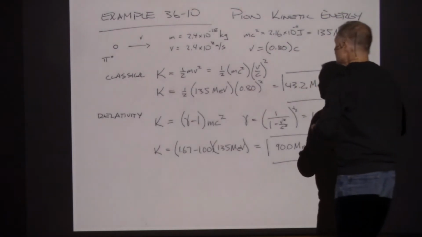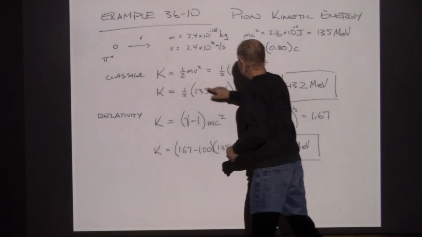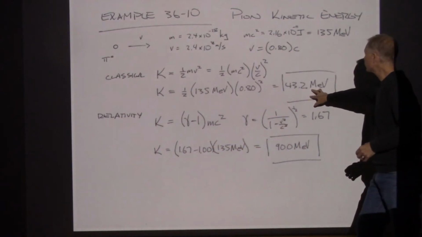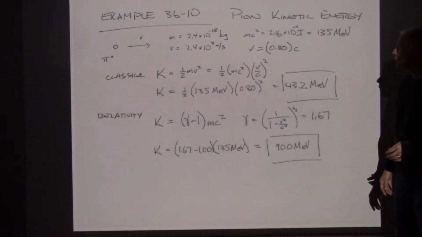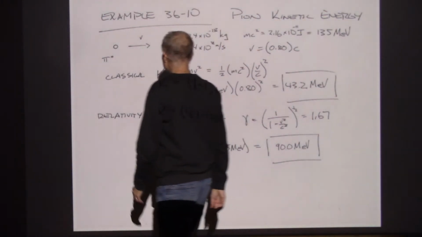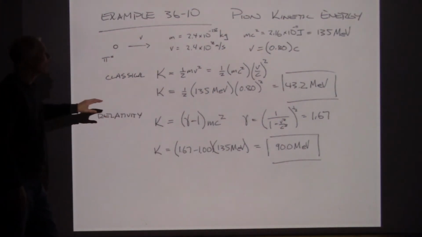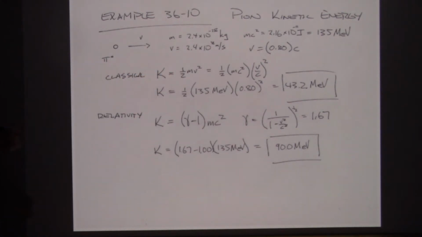So the idea is to work in terms of, again, mc squared and v over c. Now what that says is the classical prediction of 1/2 mv squared works out to be 43.2 MeV of kinetic energy at that speed. Well, that's not going to be right because it's classical physics. So we're going to have to use the relativity formula. We know that at 80% of the speed of light, the gamma factor is going to become important.